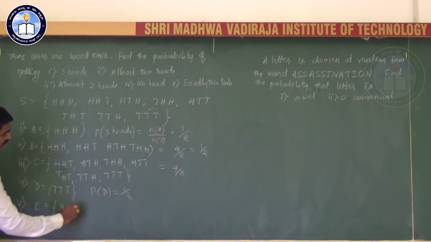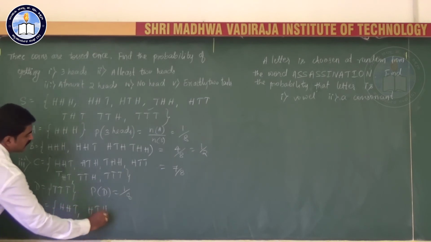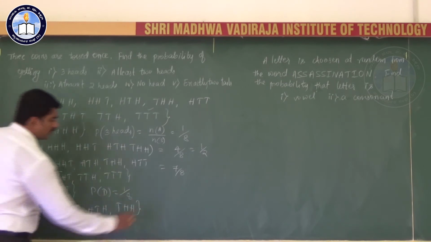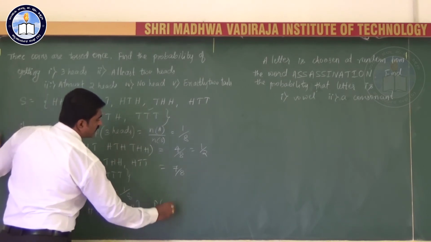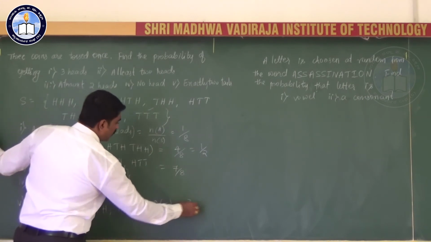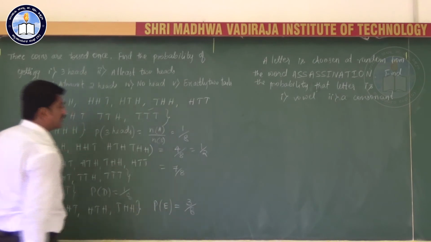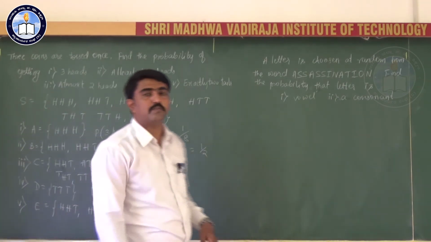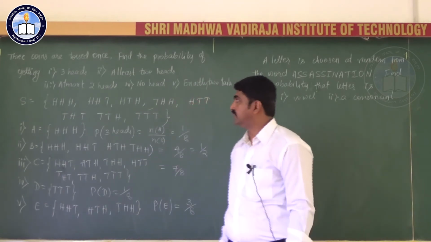That is HTT, THT, TTH. So only these 3 can come. So therefore the probability of getting exactly 2 tails is 3 out of 8 chances. So this is the way to find out the probability of the events.